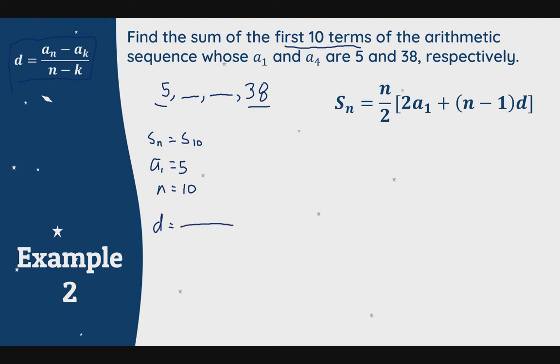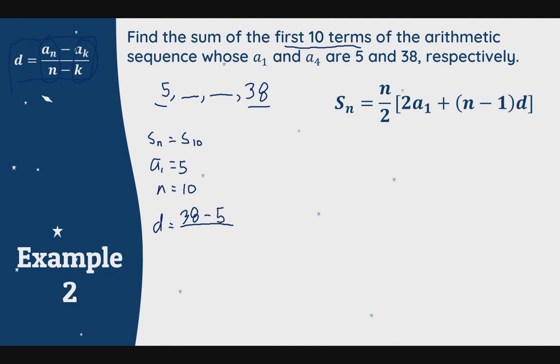Ang ating a sub n, katulad ng lesson natin noong nakaraan, should be the latter terms, yung mas nahuling terms. So, 38 minus yung ating a sub k naman should be yung mas naunang term. So, 38 minus 5.